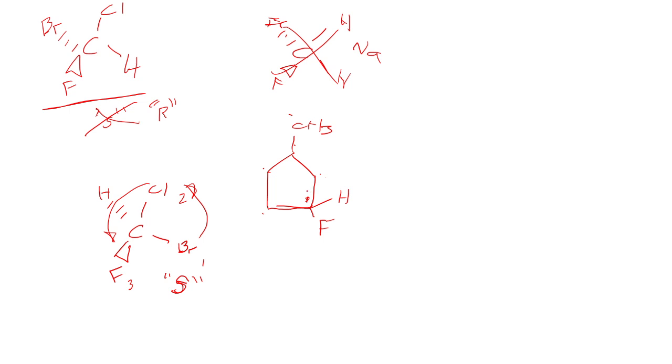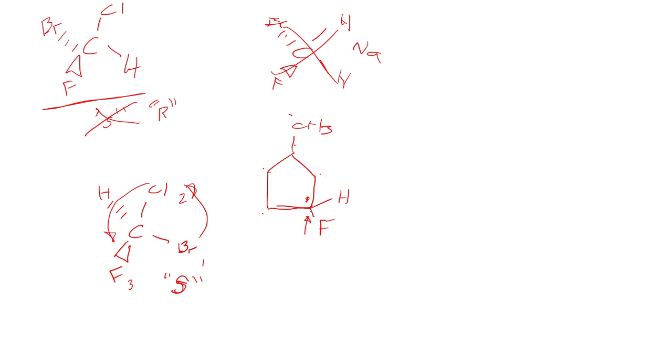We don't care how big the ring is. All we care about is, is this chiral, and what is the geometry around there? The easiest way to deal with this is to look down this bond here. It's a tetrahedral shape, yes, but that's not going to help you because you don't know which one's back, forwards, right?